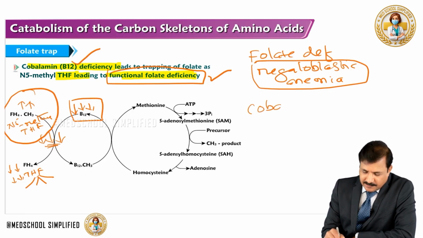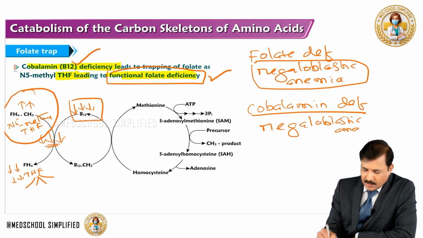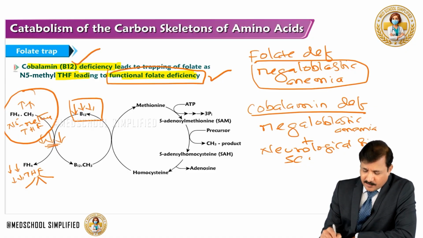Cobalamin deficiency also shows megaloblastic anemia. Along with megaloblastic anemia, cobalamin deficiency will show neurological signs, especially subacute combined degeneration of the spinal cord.